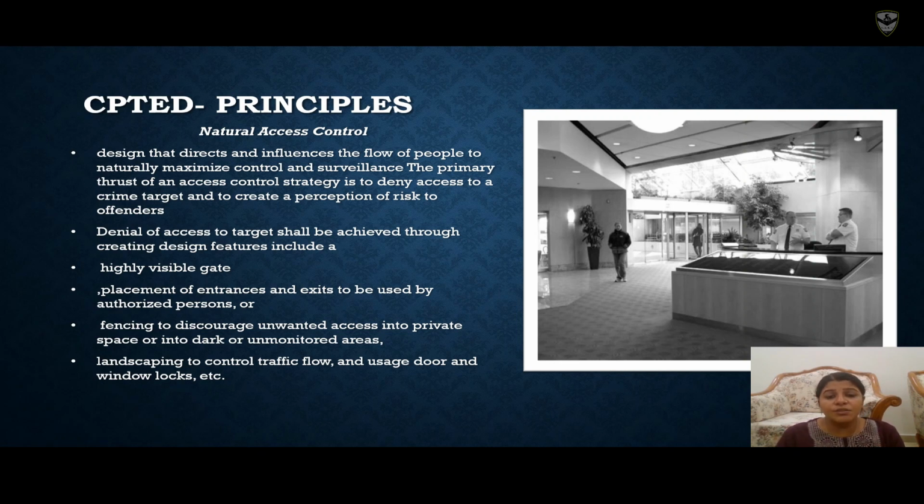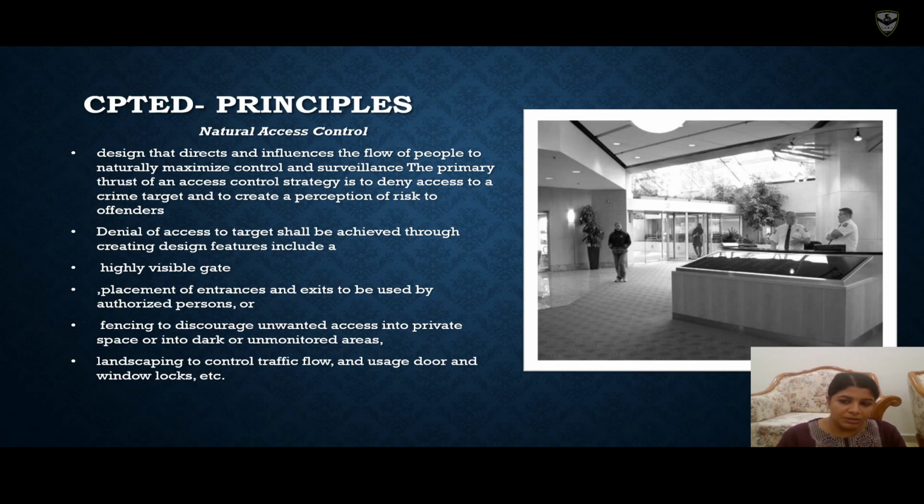Next is fencing to discourage unwanted access into private space or into a dark or unmonitored area, and also landscaping in order to control traffic flow, and the usage of doors and windows, locks, etc. So these are some of the ways in which, in an already built place, we can prevent crime from happening.